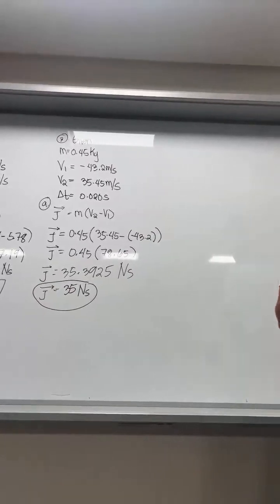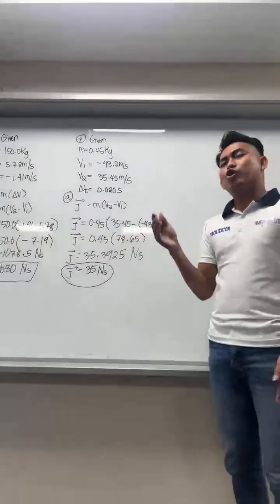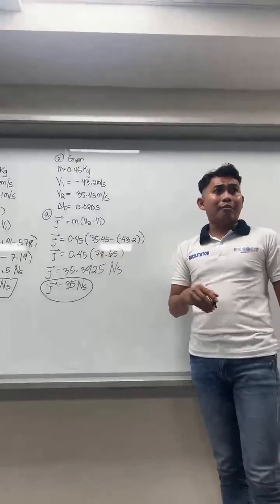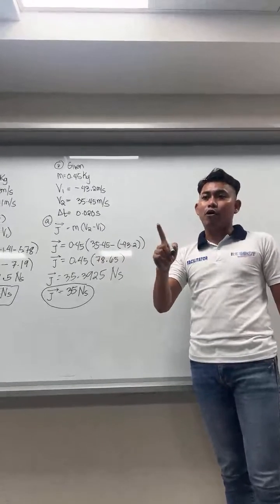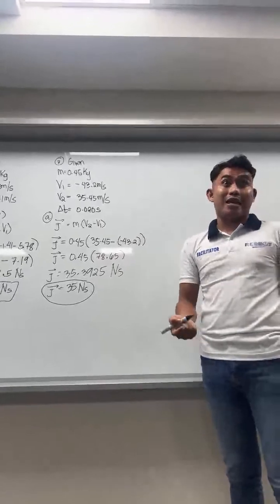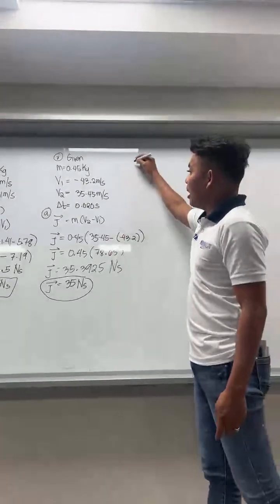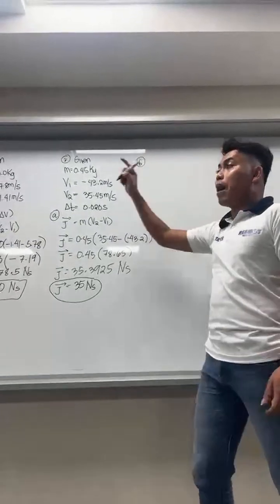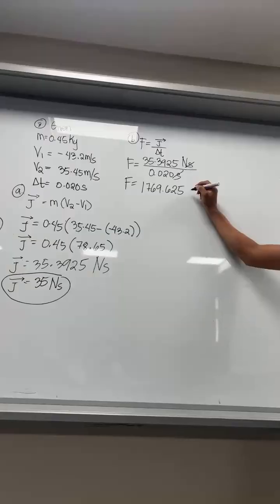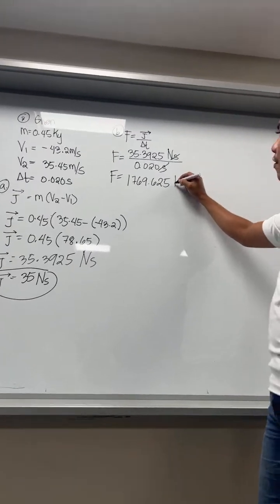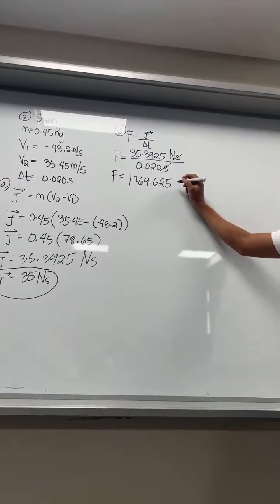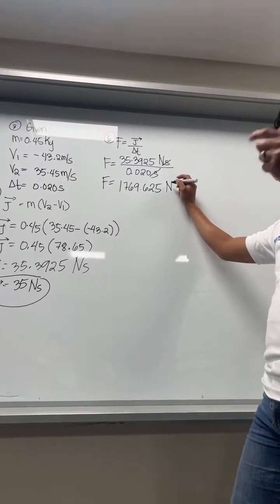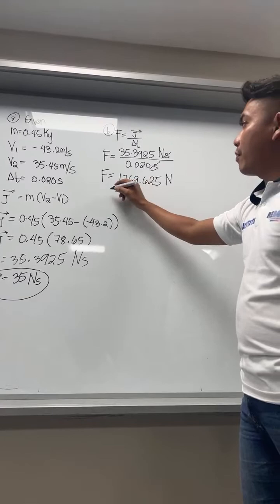Sir, I have a question for letter B. One of the requirements to solve the force is the impulse. What will we use? You will use the impulse that we have not yet rounded. Okay? For letter B, the letter B is finding the force, in Newtons. Apply significant figures. How many? 2.